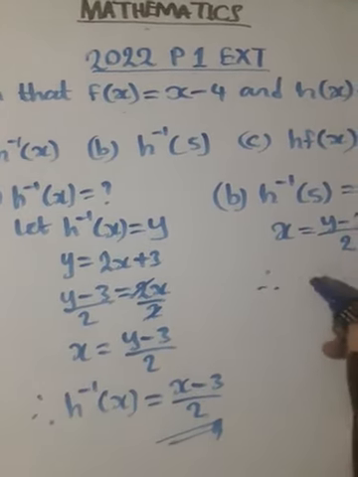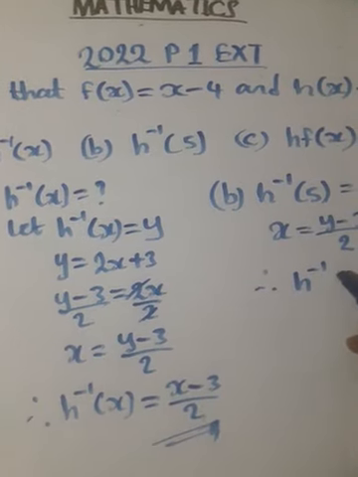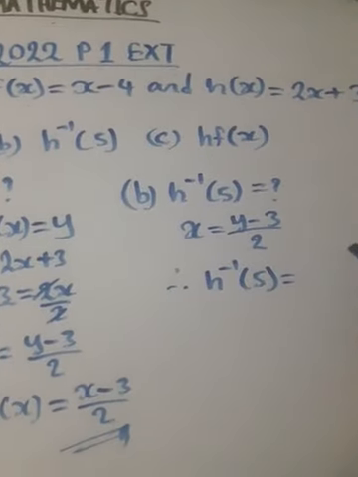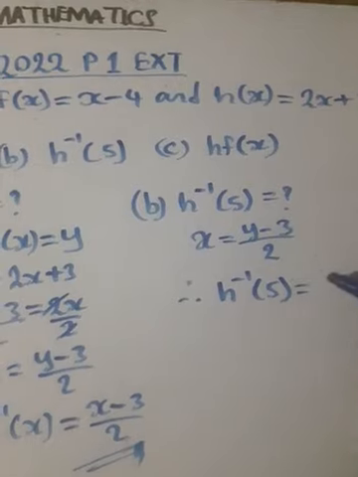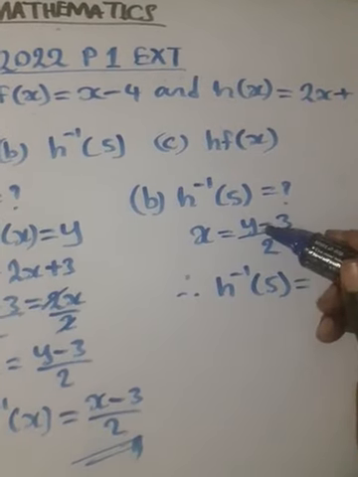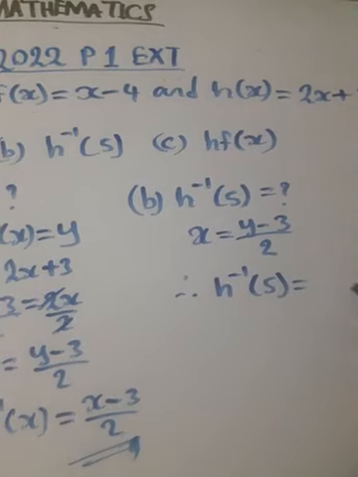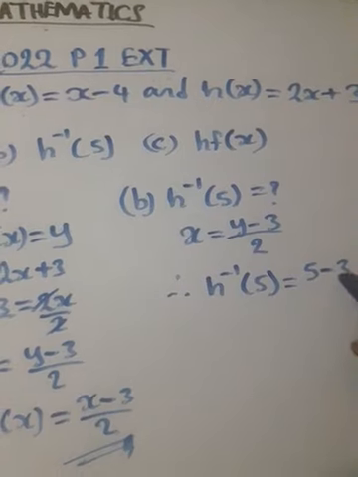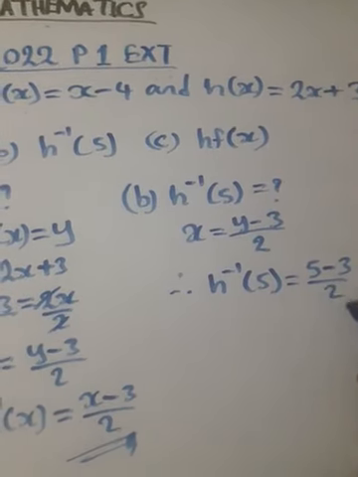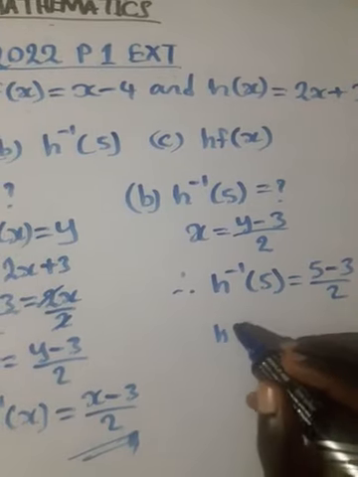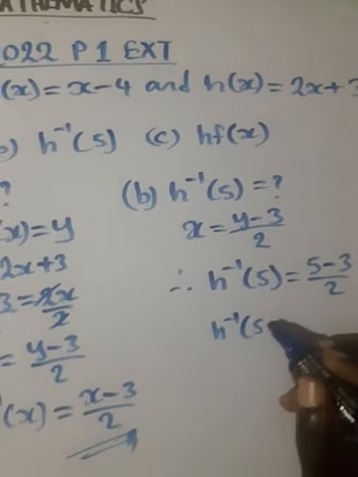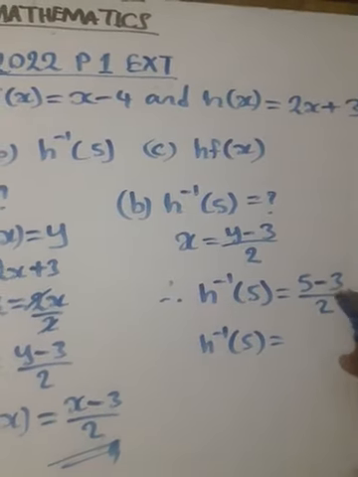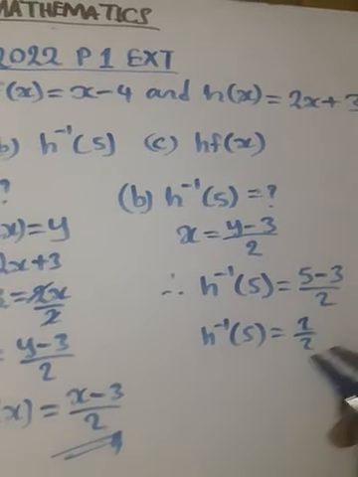So therefore, h inverse of 5 will be equal to, where there is y in this equation, we will replace it with 5, which is what is given inside the brackets. So it will be 5 minus 3 over 2, which is 5 minus 3, which is 2 over 2.